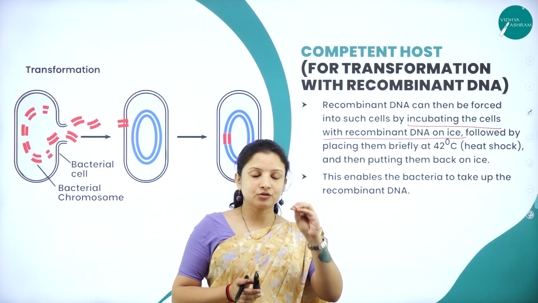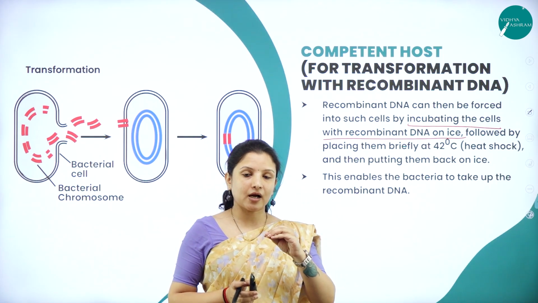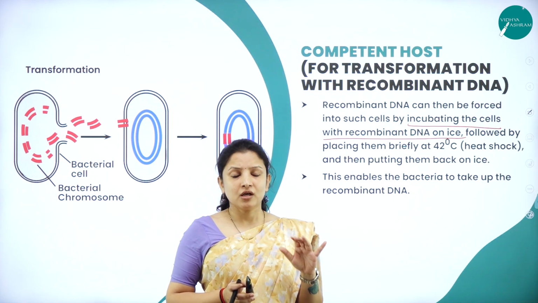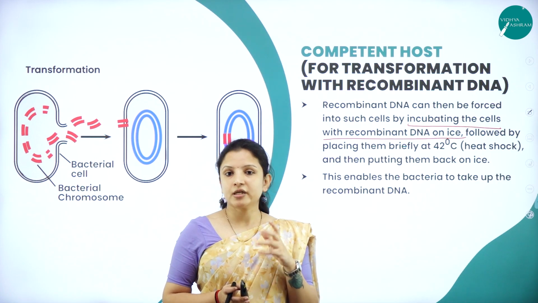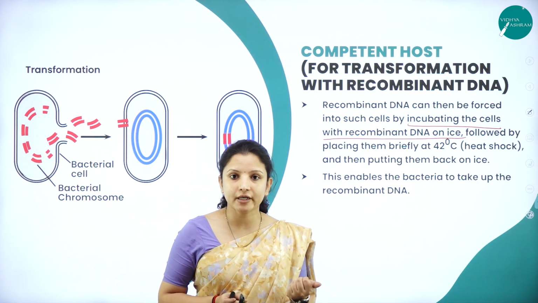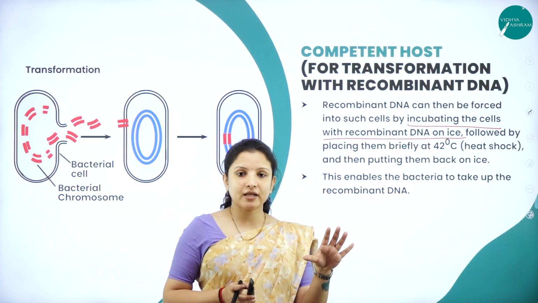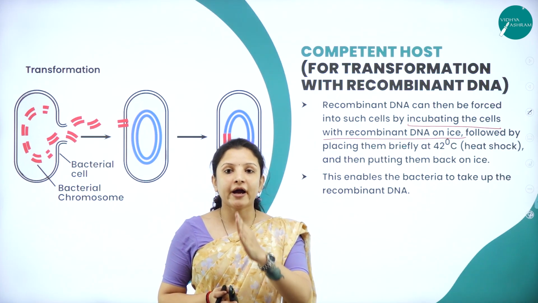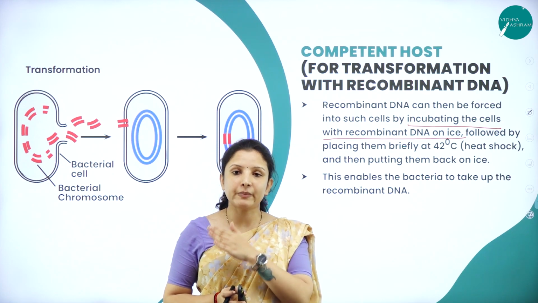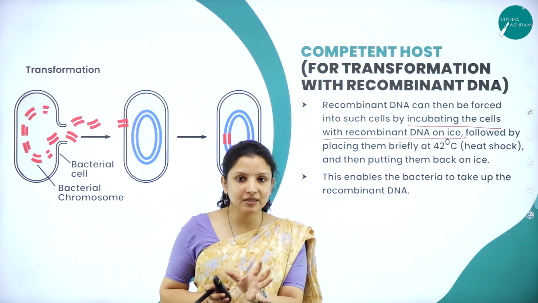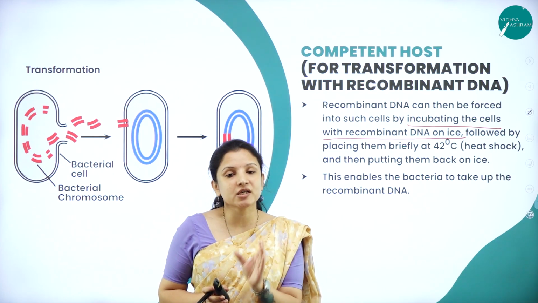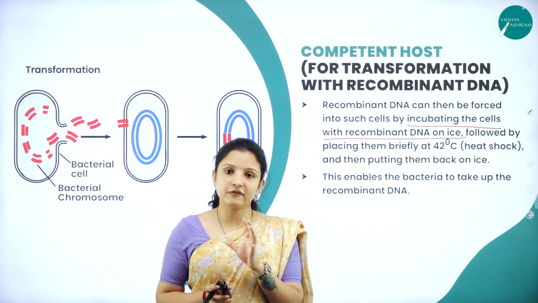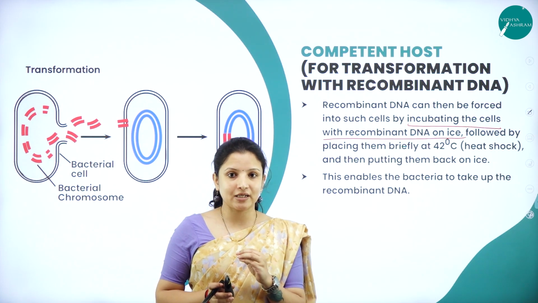Into this bacteria or vector, the foreign DNA has to be introduced. Now the foreign DNA, will it enter? It will not enter. Why? Because the foreign DNA is hydrophilic in nature. It cannot pass through the hydrophobic wall of the bacteria. Therefore, first the bacteria will be treated with calcium. When it gets treated with calcium, pores will be formed on the wall of the bacteria.